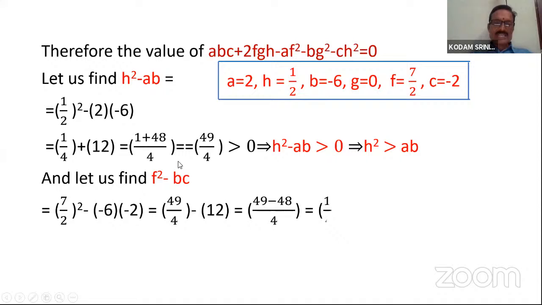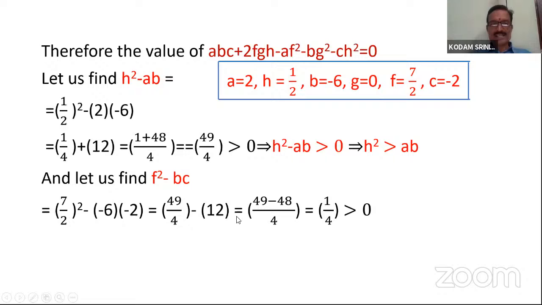Similarly, let us find the f square minus bc value. So that is f square. Here, what is the f value? 7 by 2, 7 by 2 whole square, minus bc. Again b equals minus 6 and c equals minus 2. F square minus bc, that is 7 by 2 whole square equals 49 by 4 minus, here minus into minus is plus, so plus 12 is there.